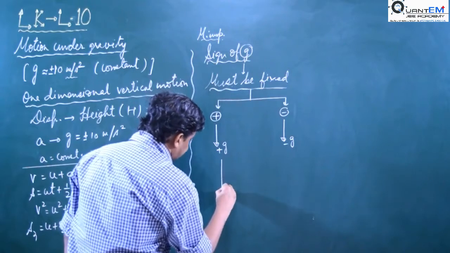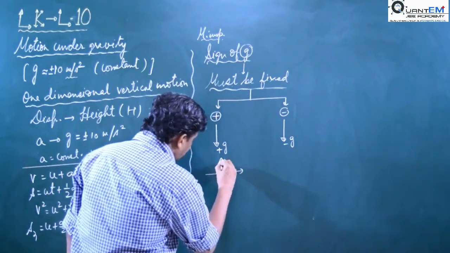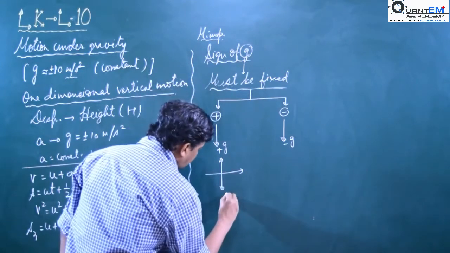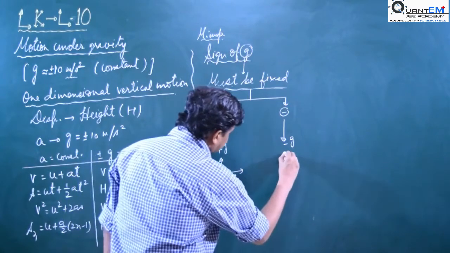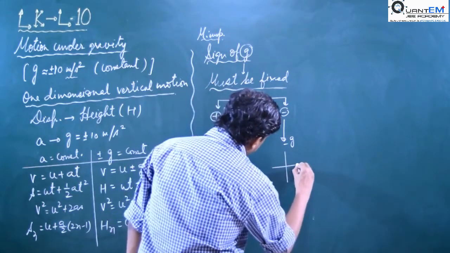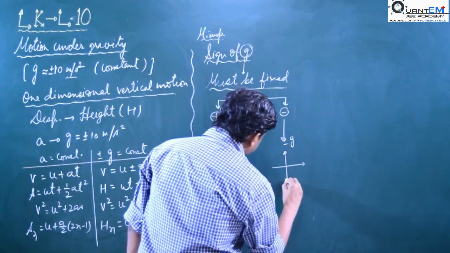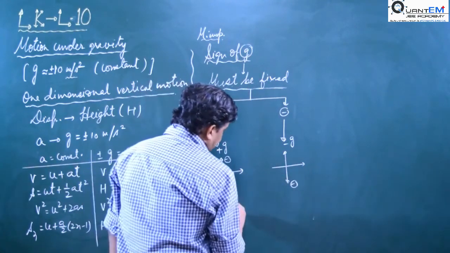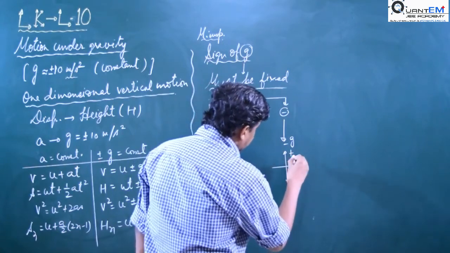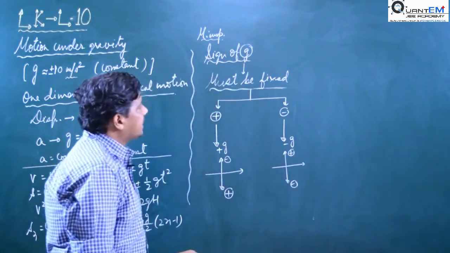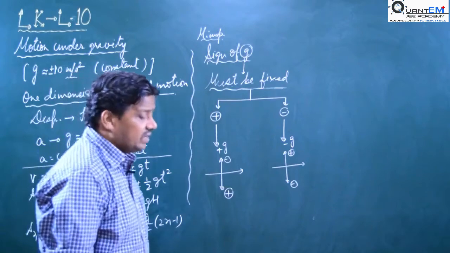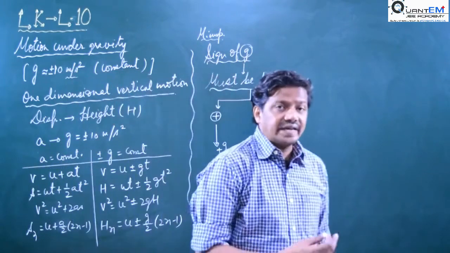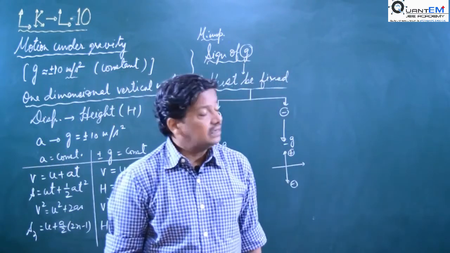In this case you have considered the downward coordinate to be positive, and here you have considered the downward coordinate to be negative. Upper is negative and lower is positive. Here upper is positive and the lower one is negative. So never change the sign of acceleration due to gravity in the question.